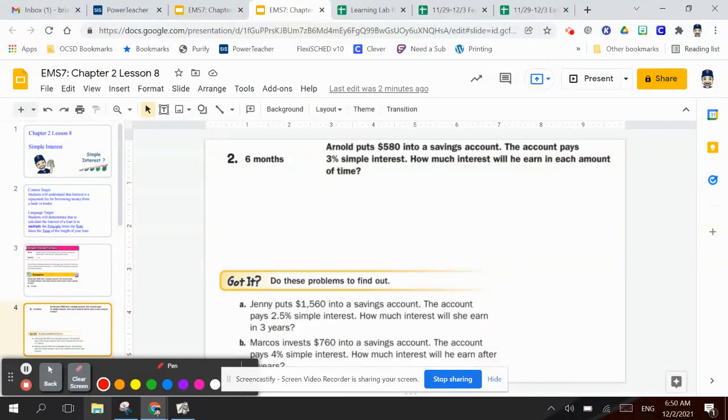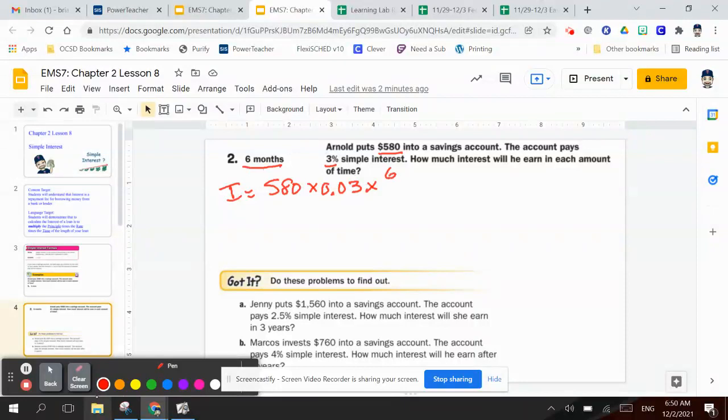If I look at example 2, it says the same thing, except now it wants to know 6 months. So 6 months is half of a year. So we can set it up the same way. Interest equals the principal, which is $580, times the interest rate, which is 3%, so 0.03, times 6 months.